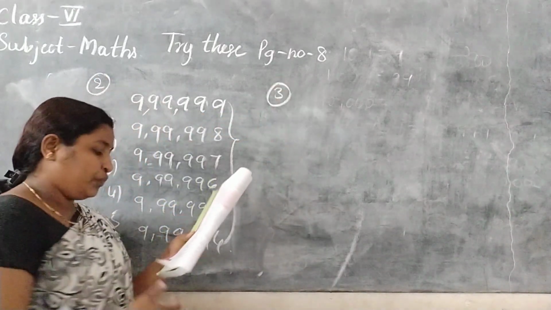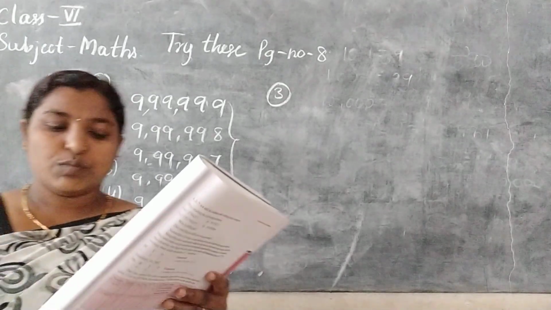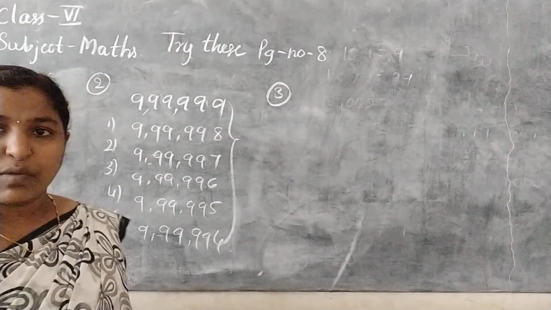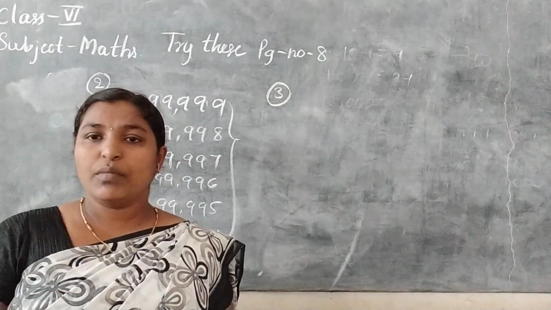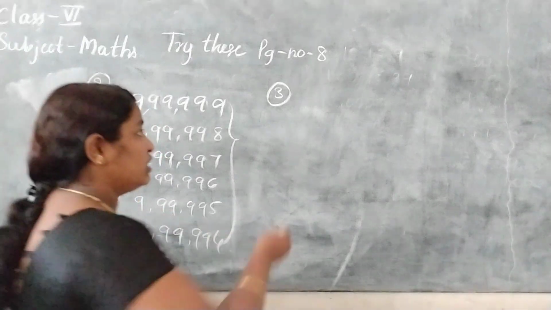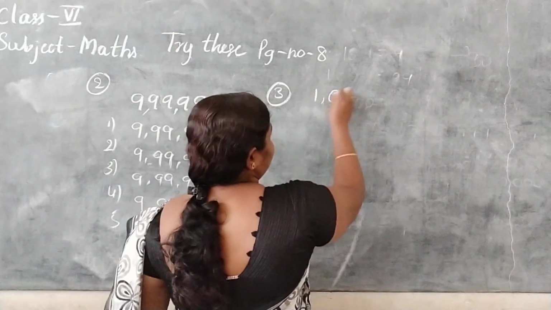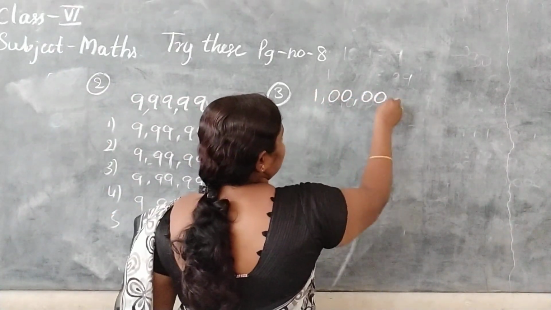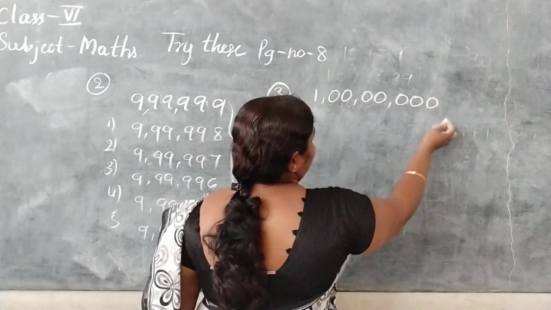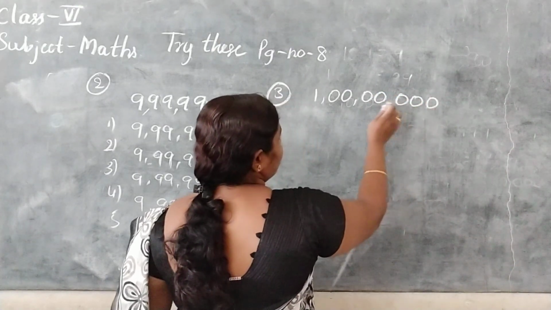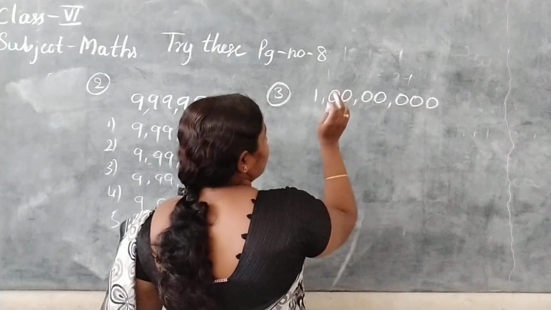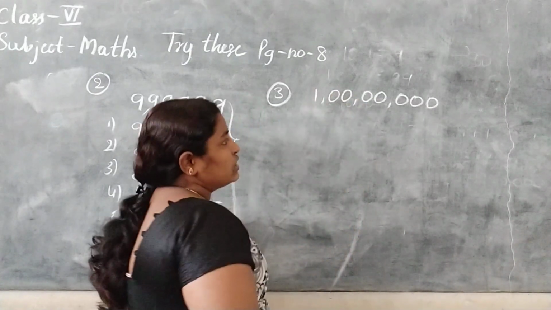Now the third one I will tell you. Starting from the smallest 8-digit number. What is the smallest 8-digit number? 1 crore. Ones, tens, hundreds, thousands, ten thousands, lakh, ten lakh and crore.